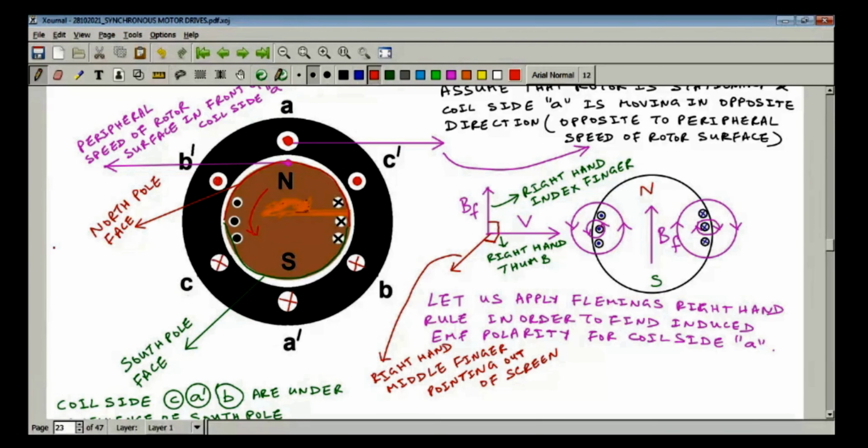So we can write coil side B dash, A and C dash are under influence of North Pole.